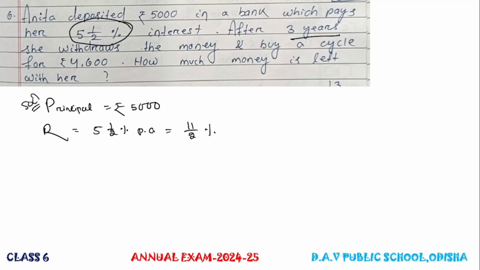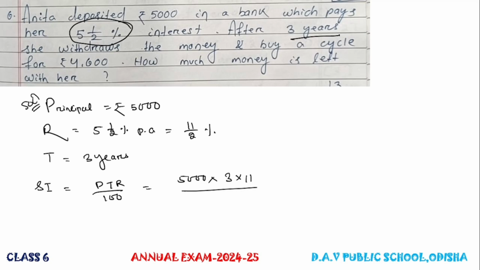After 3 years, 3 years means time. So time period equal to 3 years. Now find the simple interest, because we know that the simple interest formula is PTR by 100. P equal to 5,000, T equal to 3 and R equal to 11/2. So we can write 11 divided by 100 into 2.